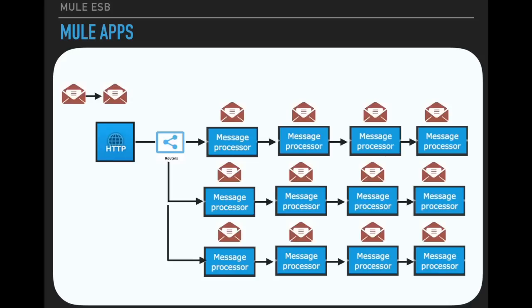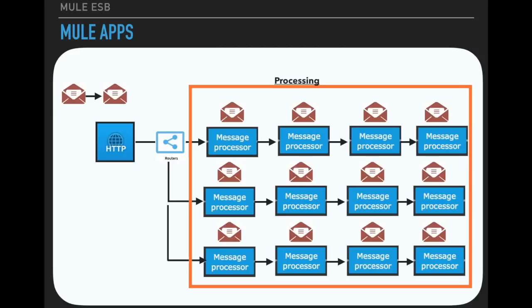So this is the basic overview of any Mule app. This is a very high-level view. It can have many more things, and it can be very complex. When you work on any application or any enterprise level integration, don't expect it to be simple like this. It will definitely get more complicated than this. There will be various routers, various message processors, and then you will be working on that.